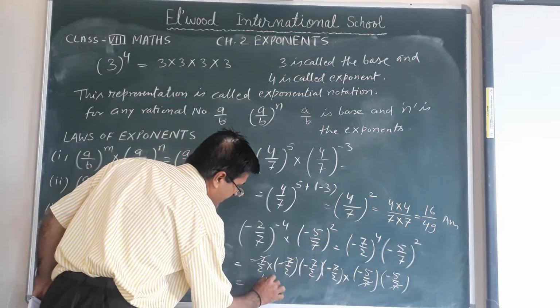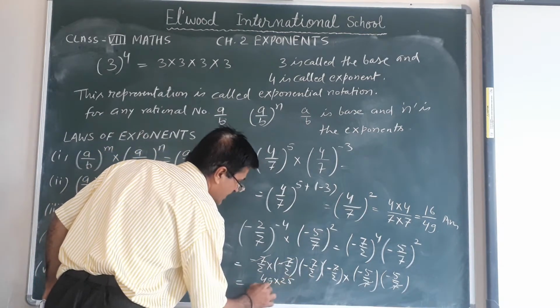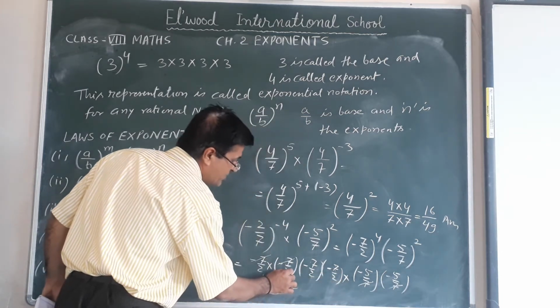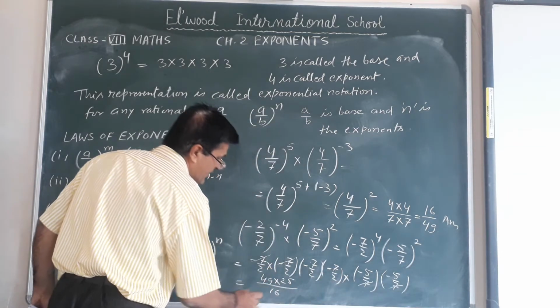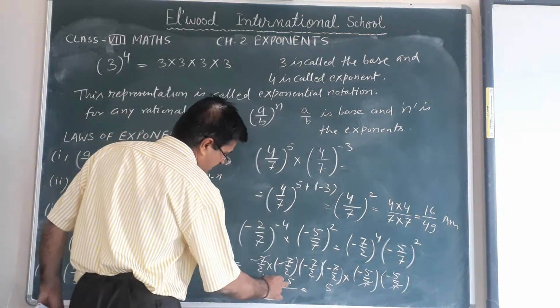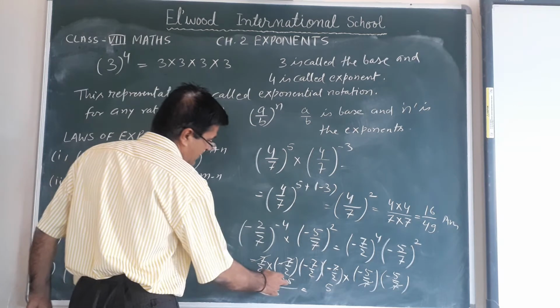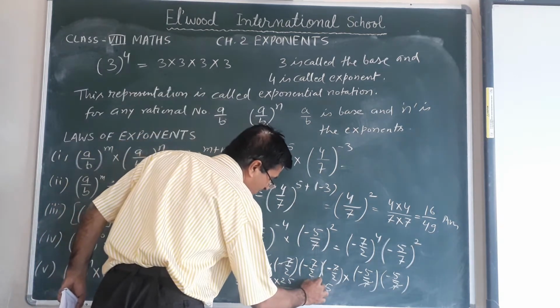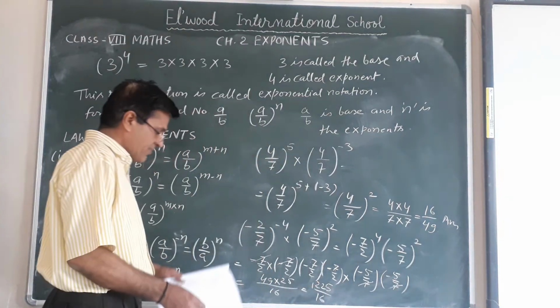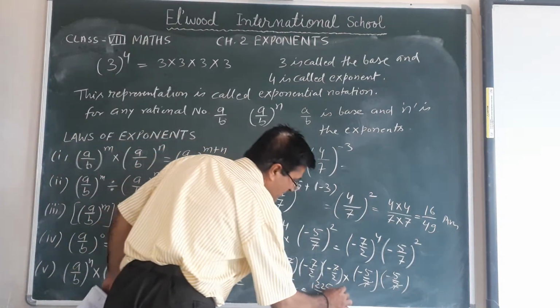So 49 multiplied by 25, 2 to the 4, 2 fours are 8, 8 twos are 16. So 25 nines are 225 and 25 fours are 100 and 20 is 122. So answer will be 1225 upon 16.